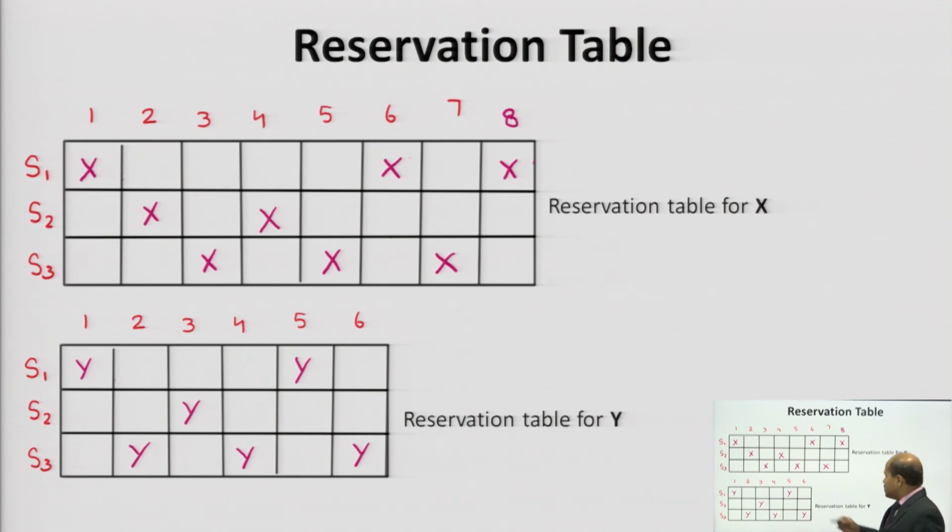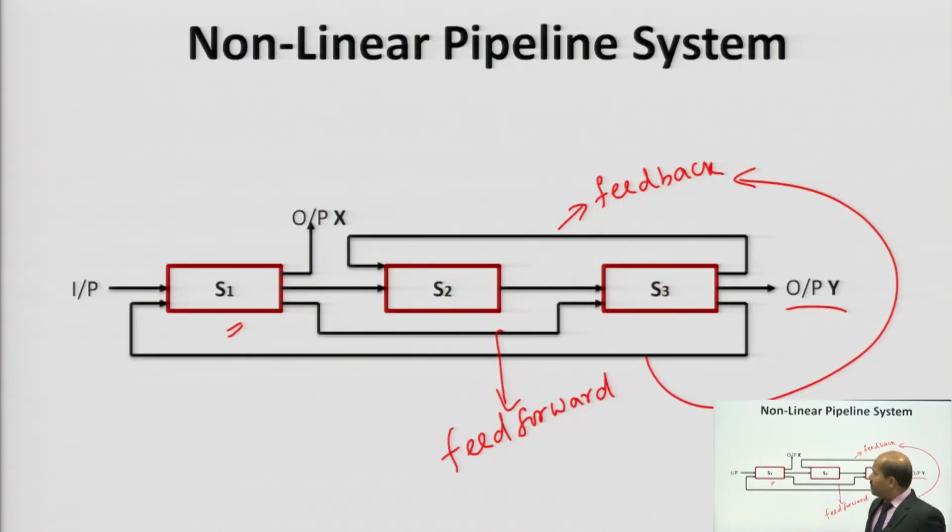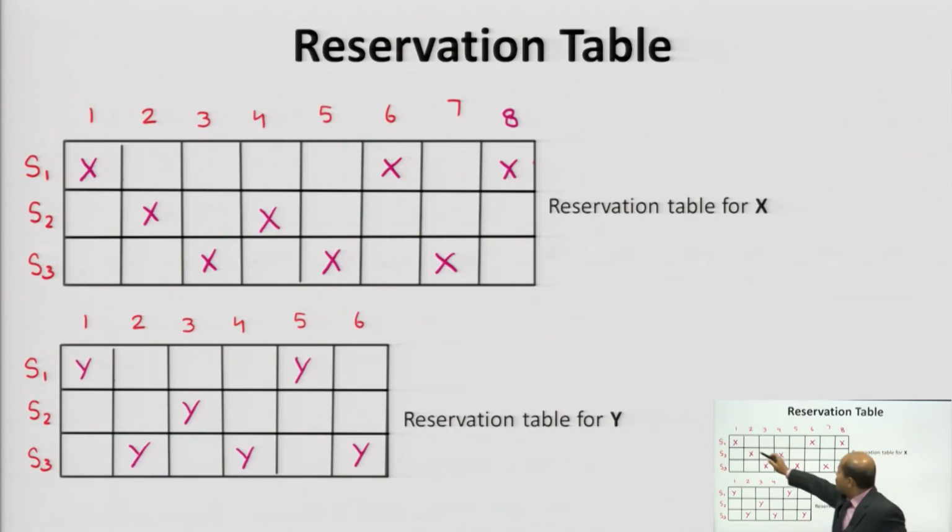So, how is this reservation table drawn? Let us try to understand. You can see the input is given from the S1 stage. So, a reservation table will always start with the S1 stage. That is why this cross, or X, is given in the S1 stage.